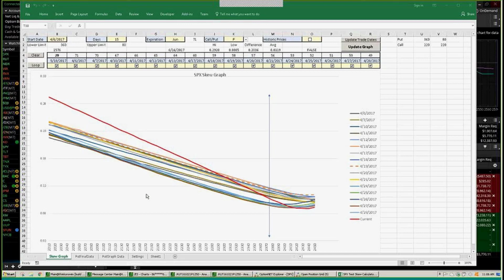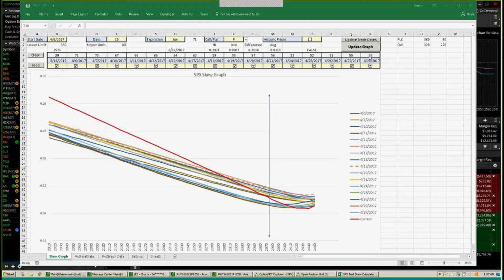Is it the same expiration, Paul? Yeah, I pick June, which is 29 DTE, and it goes out and looks at this June expiration. This is all the same expiration, so it's just tracking the June as it's moved forward. You can see here the DTEs in the past.